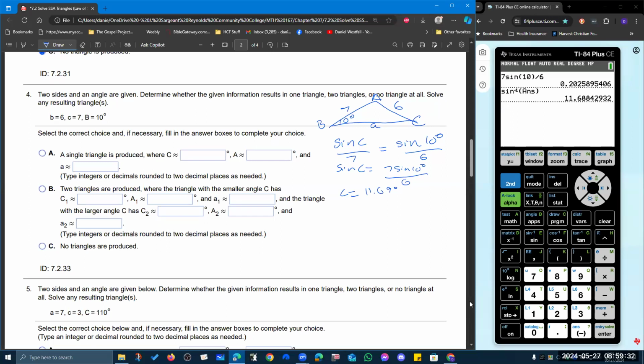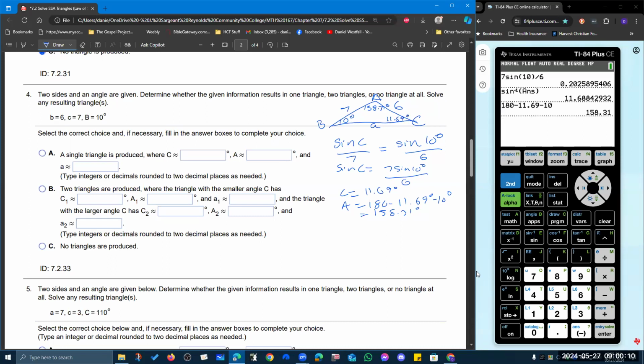That means that A equals 180 minus 11.69 minus 10, and that's going to be angle A, 158.31 degrees, and this is 11.69 degrees.